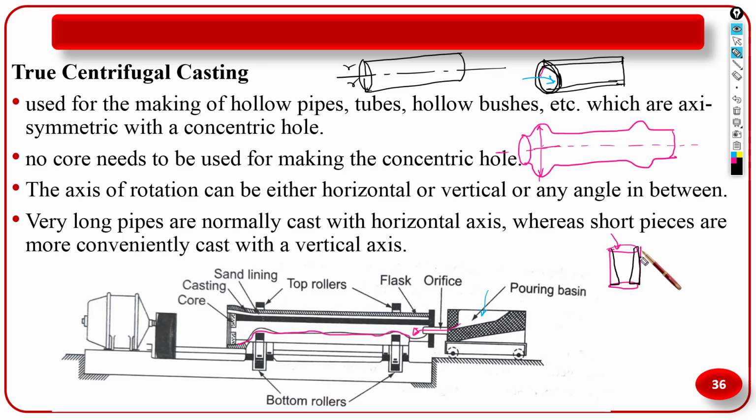So the pipe which is coming will look like this from inside, but the outer is the same. You see, the outer diameter is the same, but the inside diameter is reducing like this. That is not desired. So for long pipes it is not desired that we do vertical axis casting. That's why it is done horizontally.